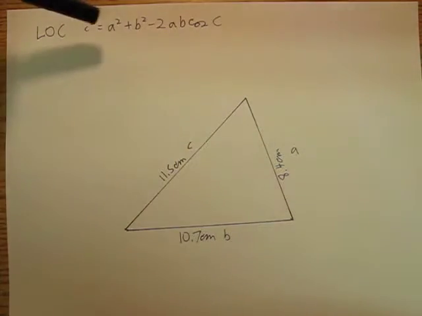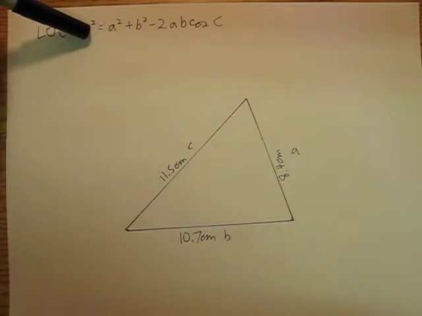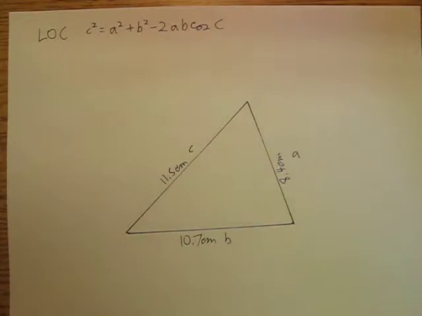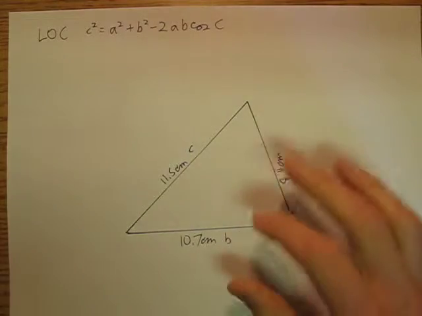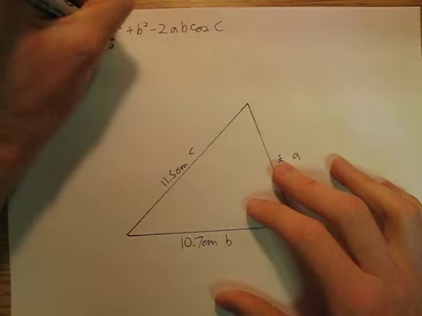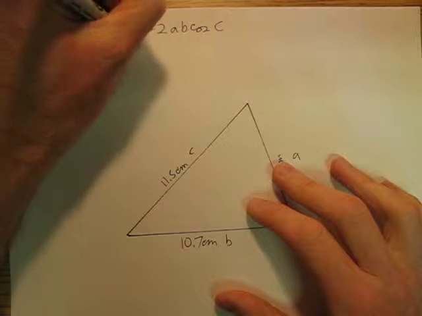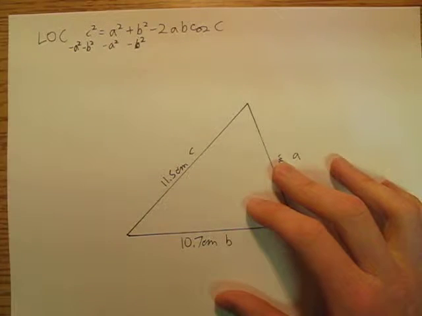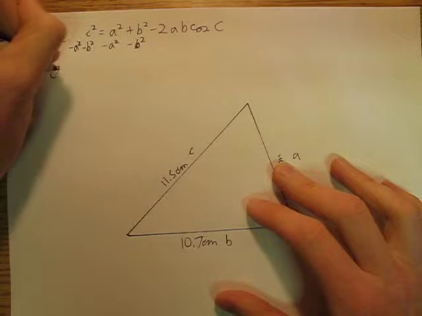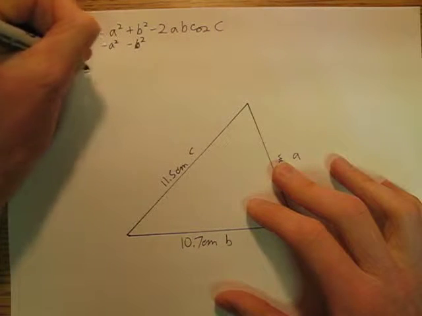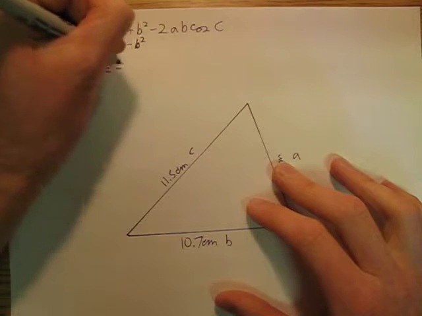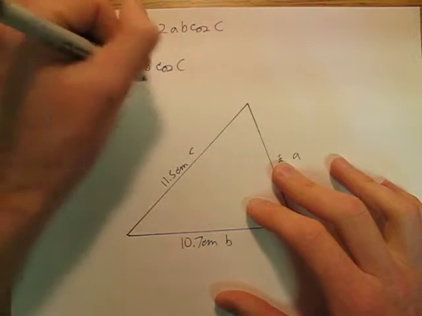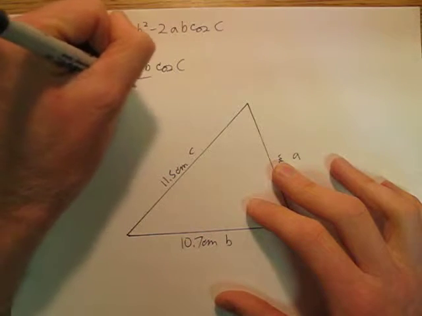Now, we know what little a, little b, and little c are, so we want to solve this equation for big C. Well, the first thing I got to do is subtract off, so I'm going to get c squared minus a squared minus b squared is equal to minus 2ab cosine C. And now I'm going to divide by negative 2ab.